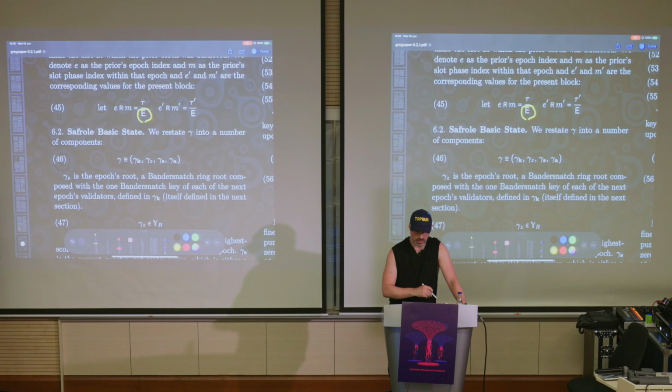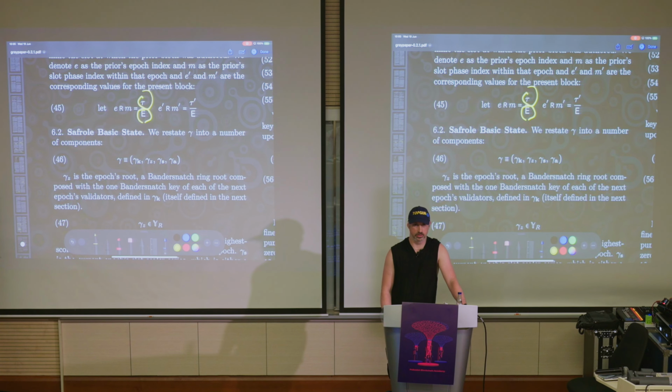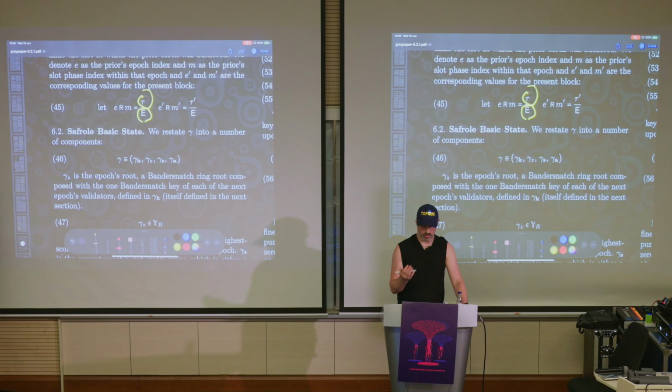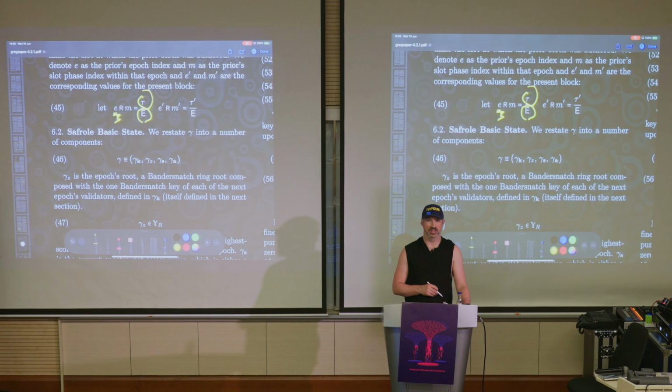Simple. So we take our time, tau, and divide it by the epoch length 600, doing an integer division. We end up with E, which is the epoch index, the number of whole 600s in tau.